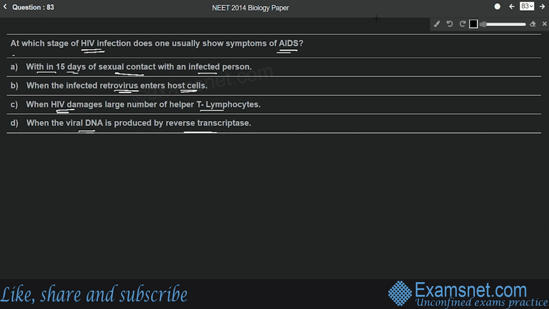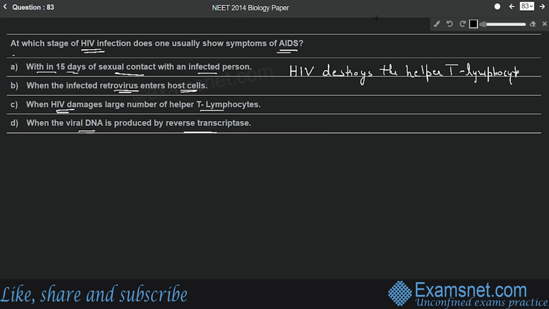So what happens in the HIV infection? The virus, that is human immunodeficiency virus, selectively destroys the helper T lymphocytes.